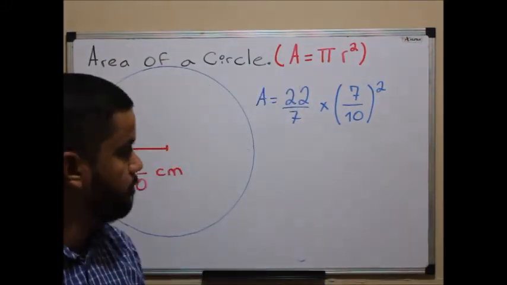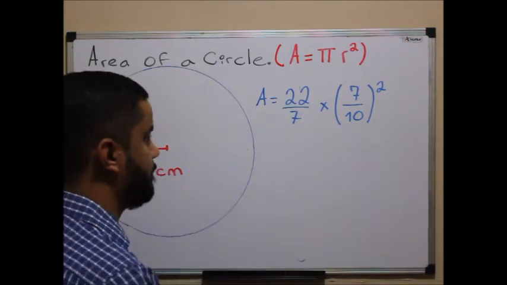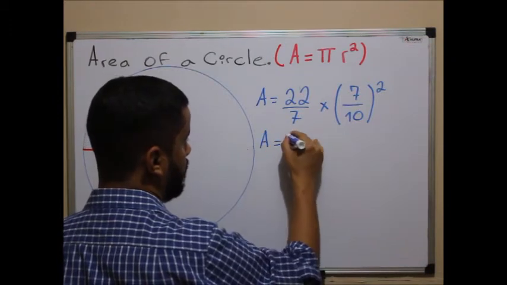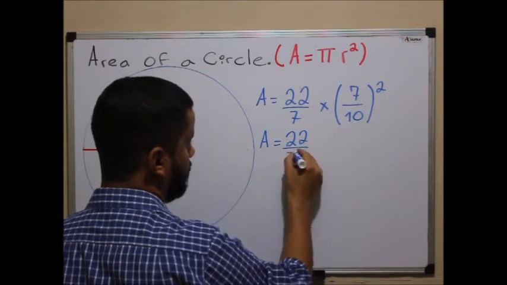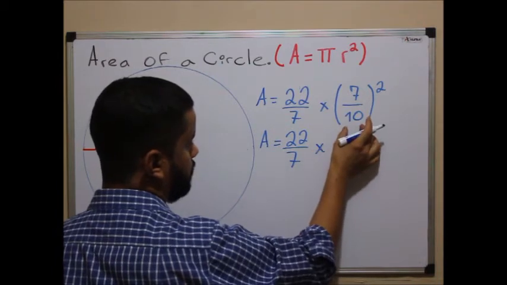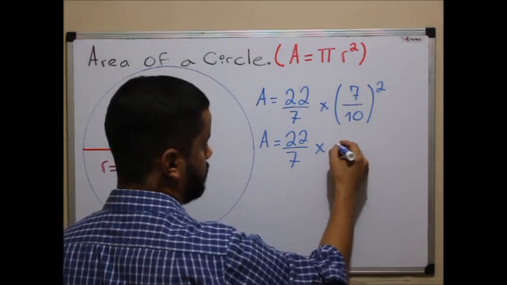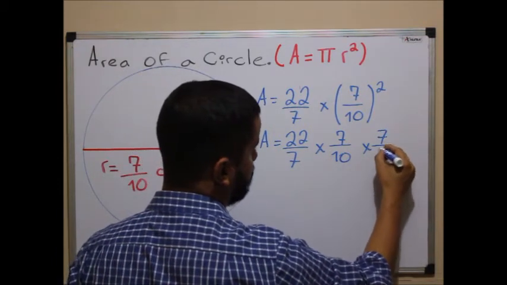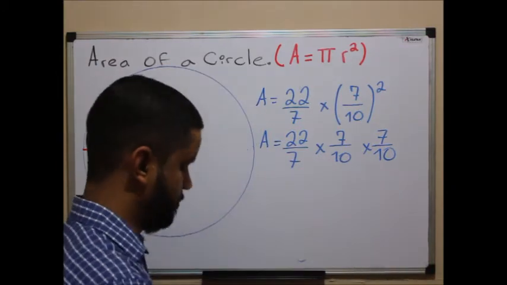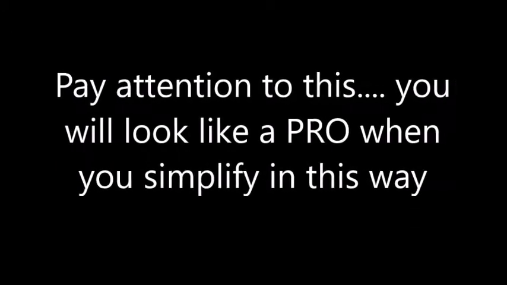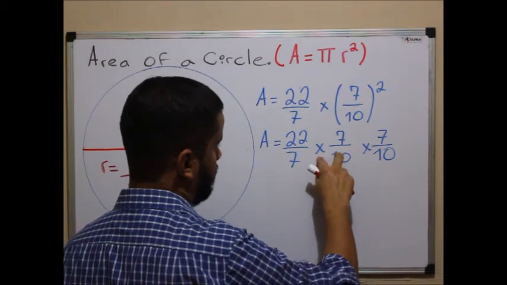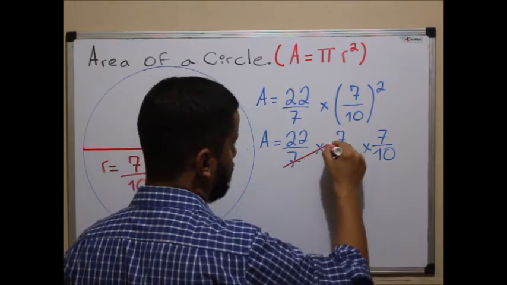So we're going to continue writing the next row. Area will be equal to half pi, 22 over 7, times, we're going to repeat twice that fraction, 7 over 10 times 7 over 10, like that. We're having in the denominator a 7 and a 7 on the numerator, so we can cross them.